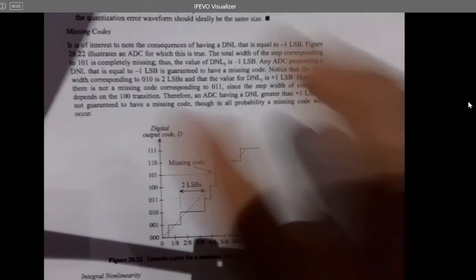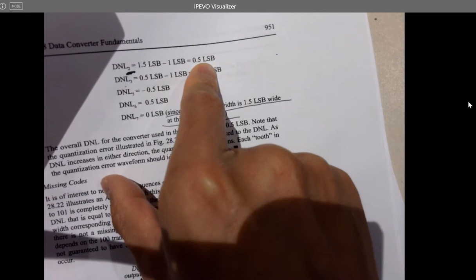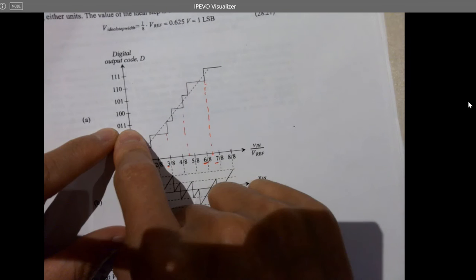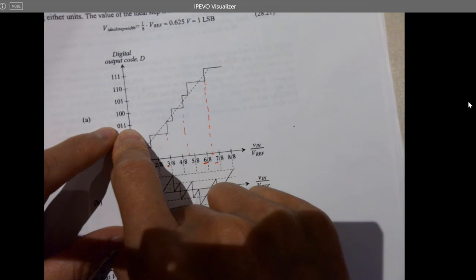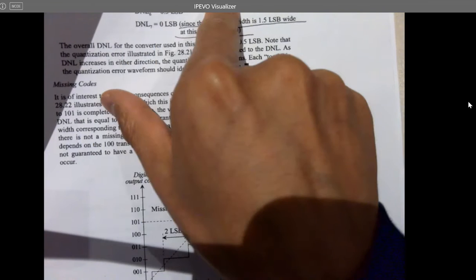Next page. So DNL 2, 1.5 minus 1, 0.5 LSB. Still look at the digital number, DNL 3. Little tiny change, 0.5. So 0.5 minus 1 will be negative 0.5 LSB.